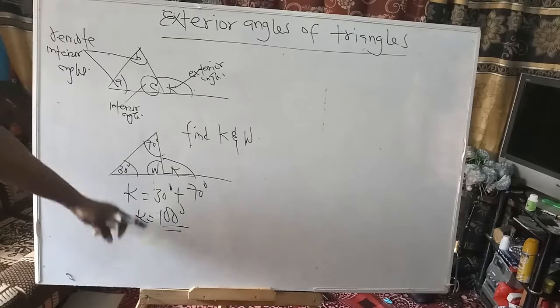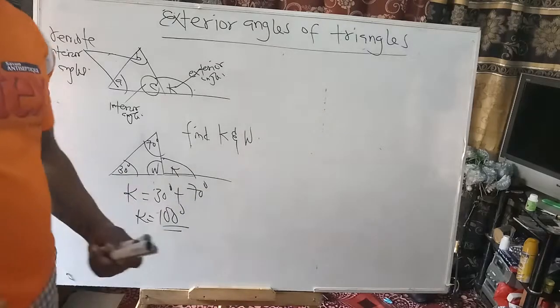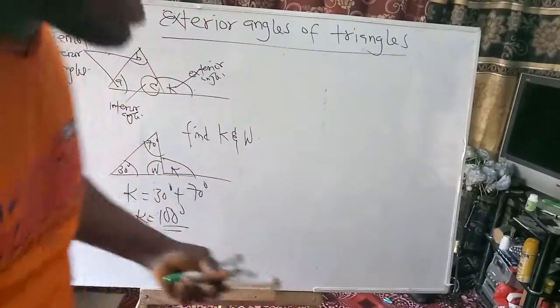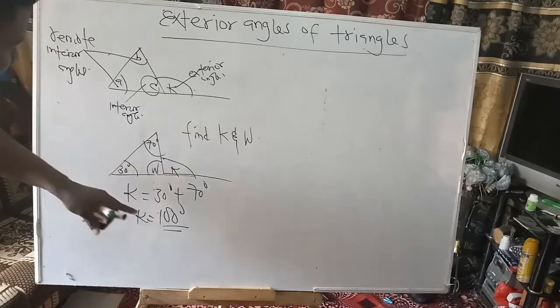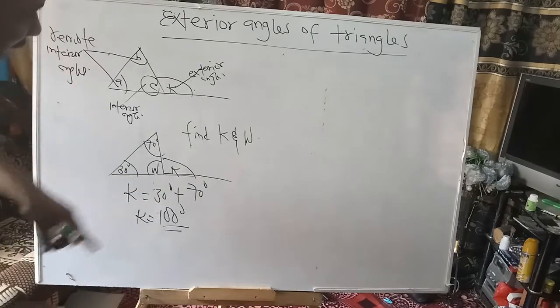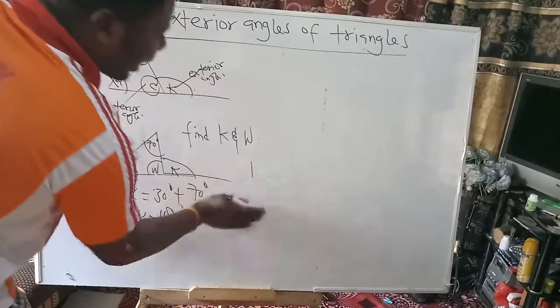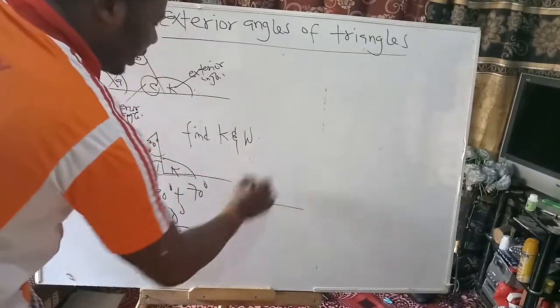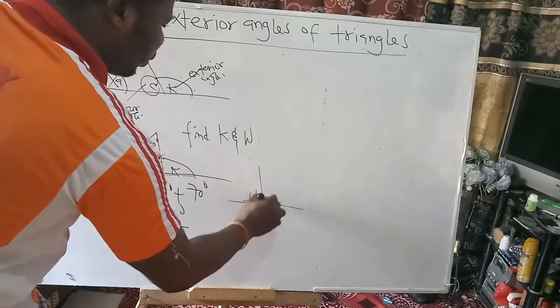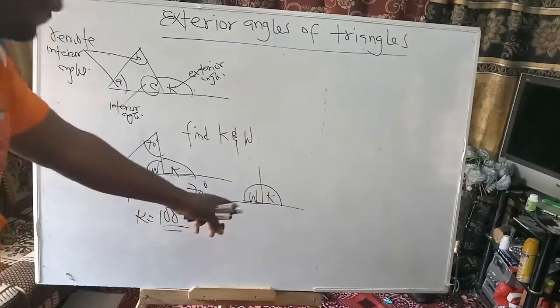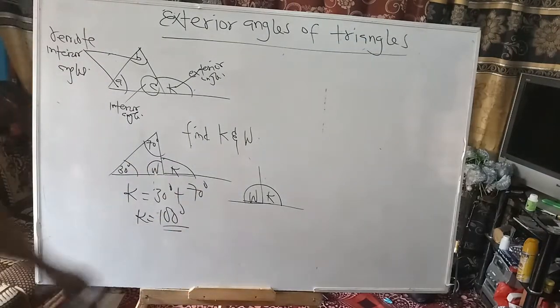And when you have gotten to this side, you can also tell yourself that per my basic understanding in geometry, angles on a straight line add up to 180.